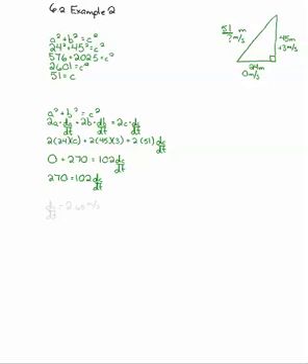Divide both sides by 102, and it's customary with a related rate question to round to 2 decimal places. So what we have is dC by dt equaling 2.65 units, because this is a rate of change, 2.65 meters per second. So those two people are getting 2.65 meters per second further apart.